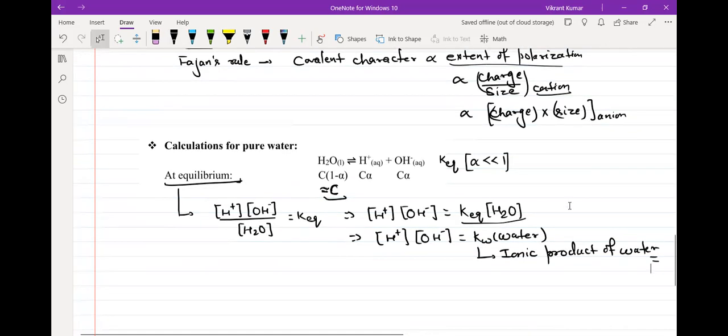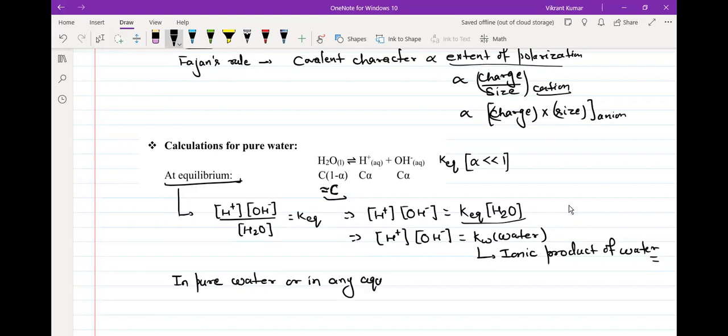So basically, if I'm talking about pure water or any aqueous solution, this equilibrium will always be achieved. है ना? When the equilibrium is achieved, K equals Q तो लिखेंगे, and that's why we'll say in pure water or in any aqueous solution, we can write Kw will be equal to H plus into OH minus.